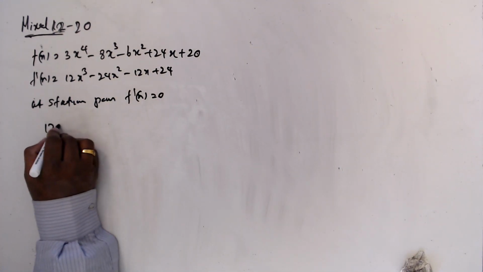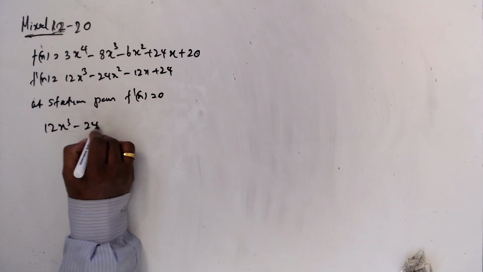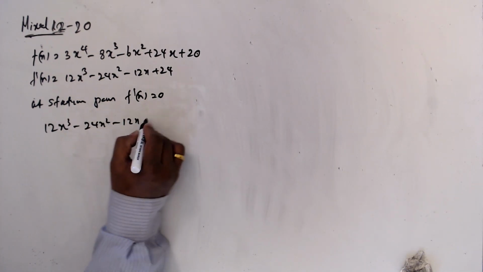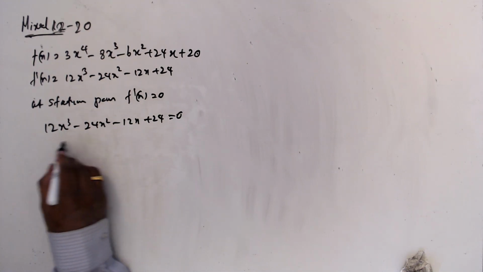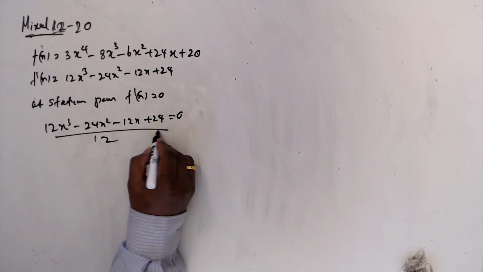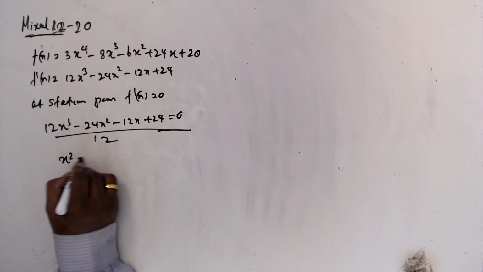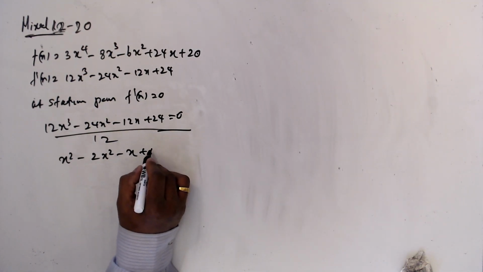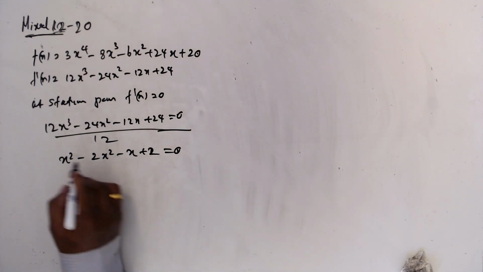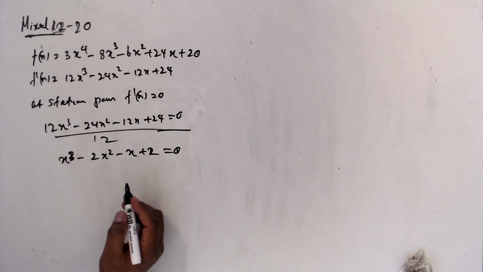So 12x³ - 24x² - 12x + 24 = 0. So I can divide everything by 12 on both sides. x³ - 2x² - x + 2 = 0.